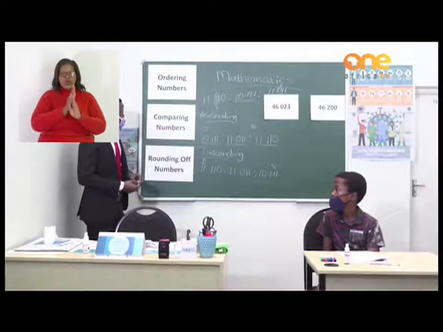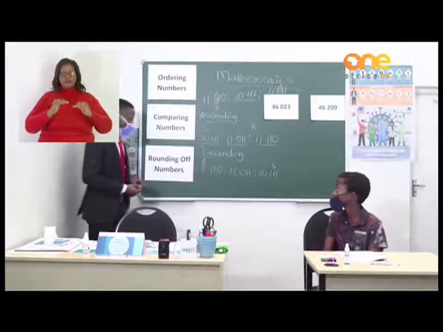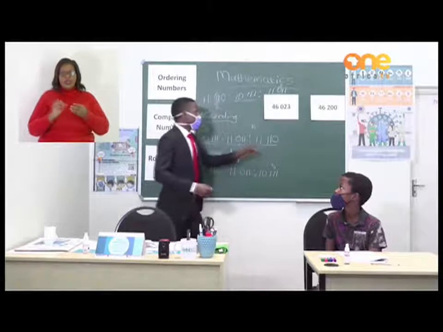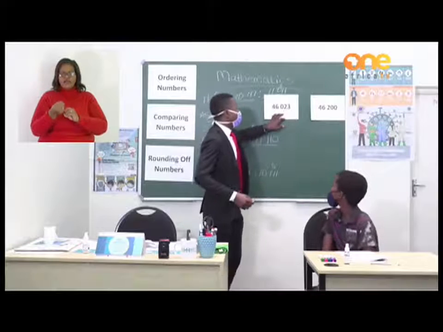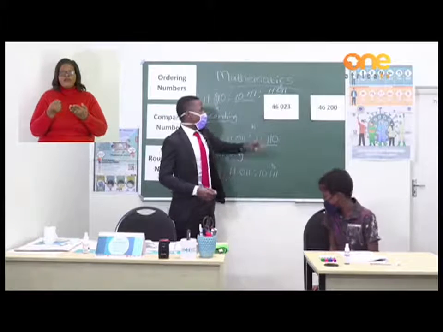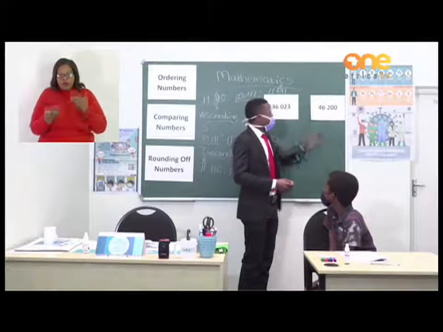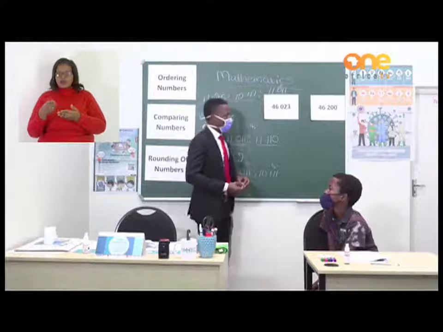So continuing with comparing numbers, when you compare numbers, there must be two numbers. For example, I have two numbers here, 46,023 compared to 46,200.